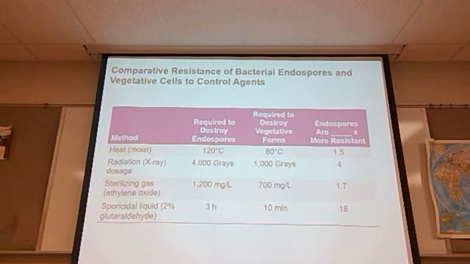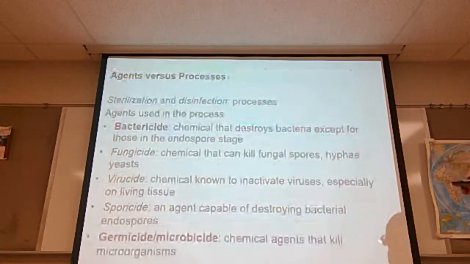A sterilizing gas like ethylene oxide, again, requires a much higher dose than the vegetative forms, and a sporicidal liquid such as 2% glutaraldehyde. You will notice to get rid of the vegetative form only requires 10 minutes. To get rid of the endospores requires exposure for 3 hours. So all of these methods are effective against both. It's just the timetable or the exposure is much greater.